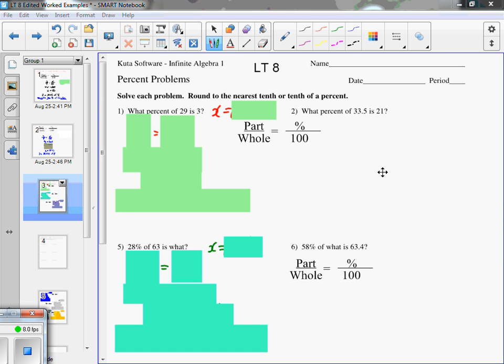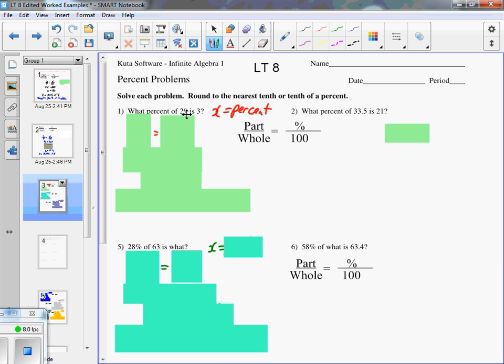So for number 1, they ask, what percent of 29 is 3? What percent? So x represents the percent, doesn't it? You don't necessarily have to write that down, but you have to have decided that. What does x stand for? Because if you don't know what it stands for, you're just going to randomly put it in your proportion, and then you've got not a very good chance of getting it right. All right, so if x is the percent, I need to figure out the part and the whole.